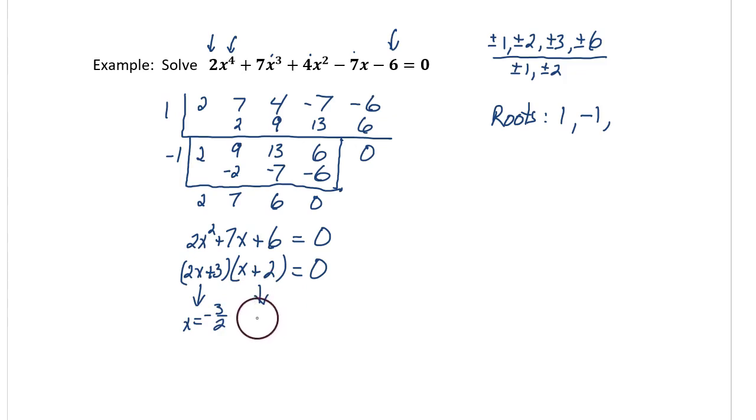In solving right here, we get x is equal to -2. So where we were writing down our list of answers, we have found that -3/2 works and -2 works. Notice that those are in our list of possibilities. So we could have kept using synthetic division, and eventually we would have discovered those answers.